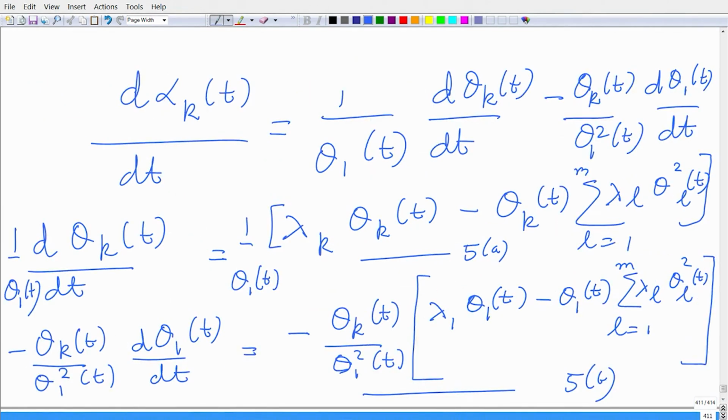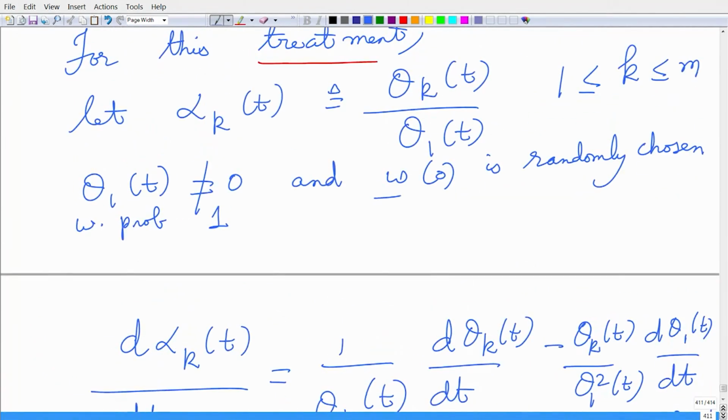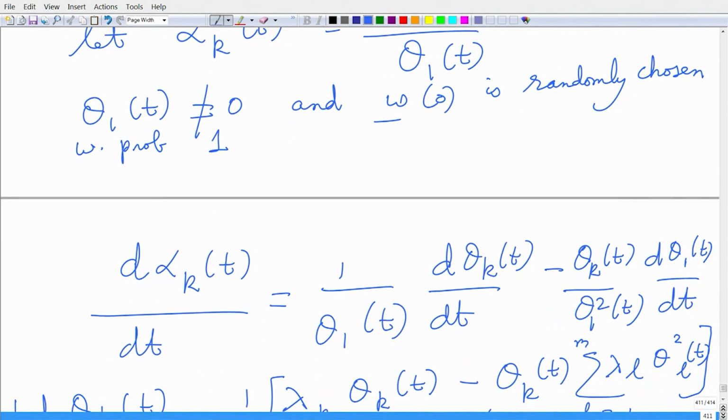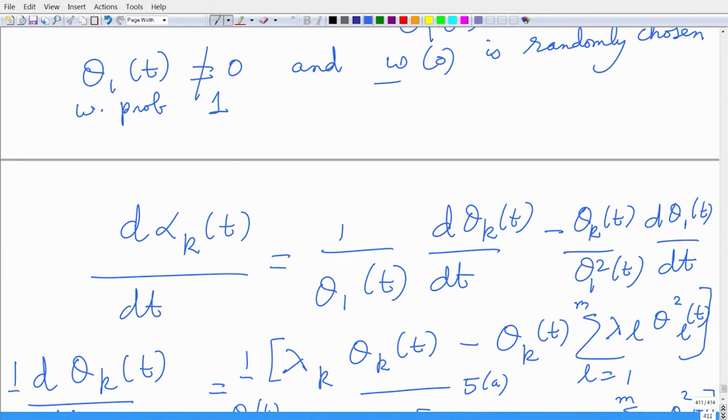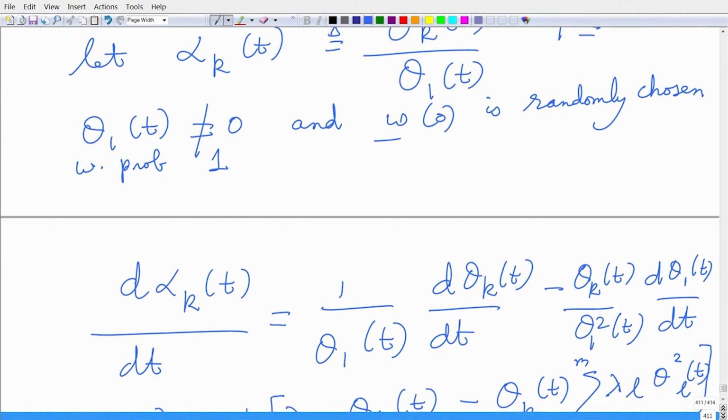Now, our governing equation is d alpha k of t. So, what I do is alpha k is theta k upon theta 1. Now, I take d alpha k of t upon dt. So, I take the derivative of alpha k. It is straightforward from my chain rule.